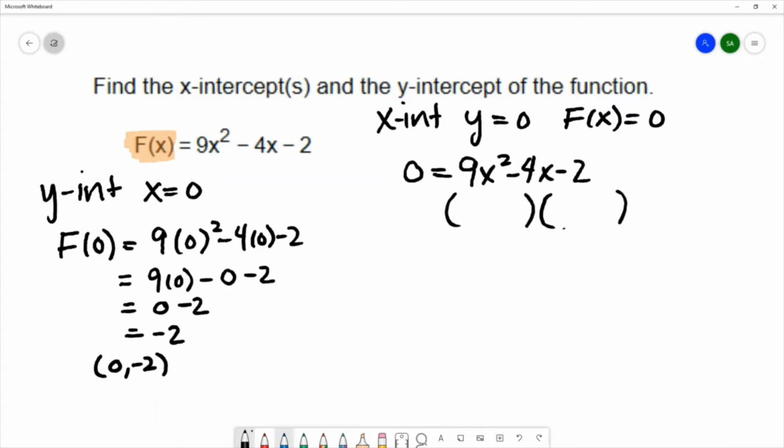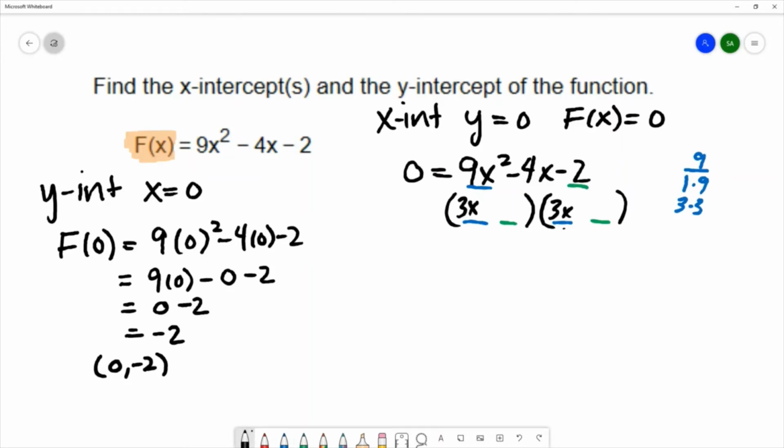The numbers that go in this position and this position would need to multiply to be 9x squared. So I have some choices for factors of 9. That's 1 times 9 and 3 times 3. So I'd probably try 3x and 3x first. The numbers that go in this position and this position need to multiply to be negative 2. I only have one choice for factors of 2.